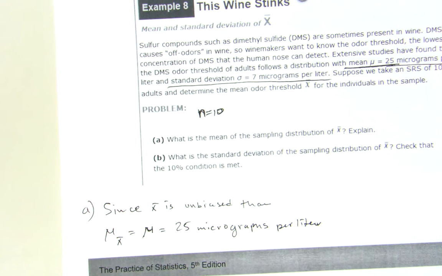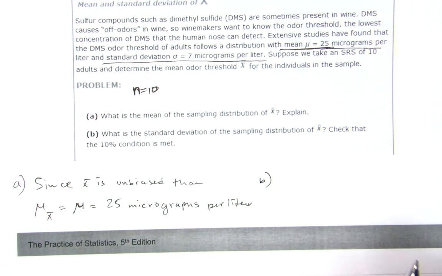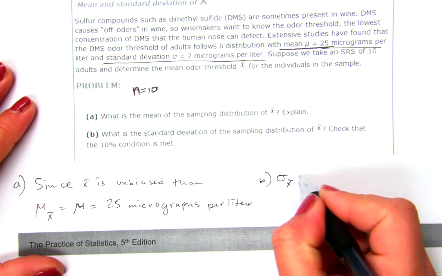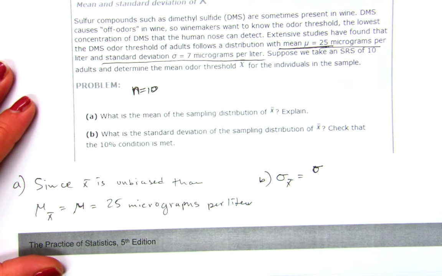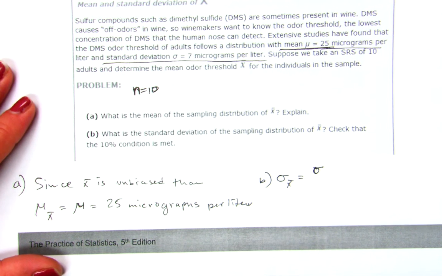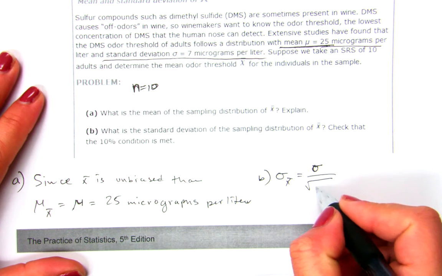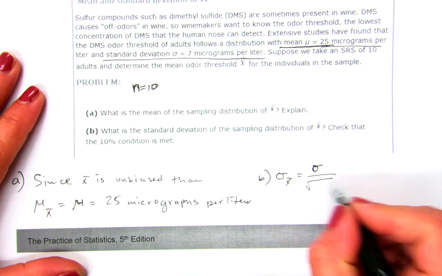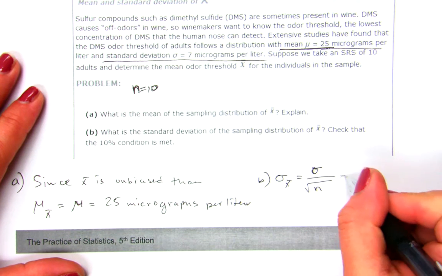All right, and then part B, what's the standard deviation? If you've read, then the formula that goes with this, the standard deviation of X bar is equal to the standard deviation of your population, which in this case is 7, over the square root of your number of samples, n.